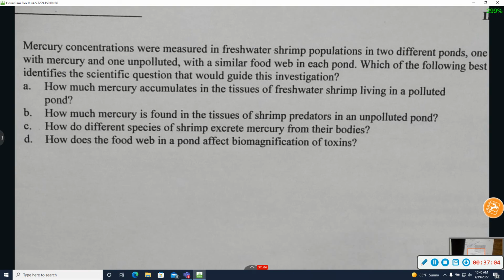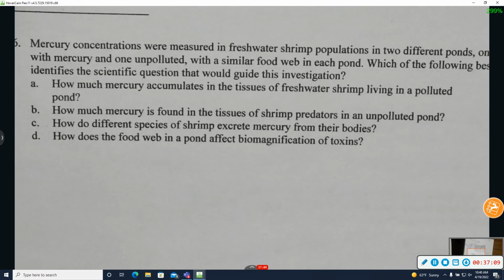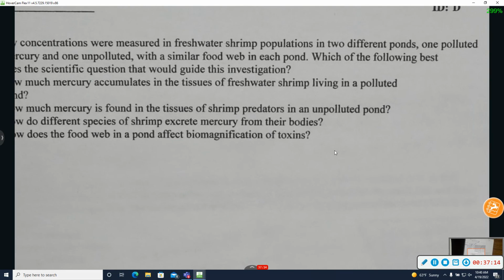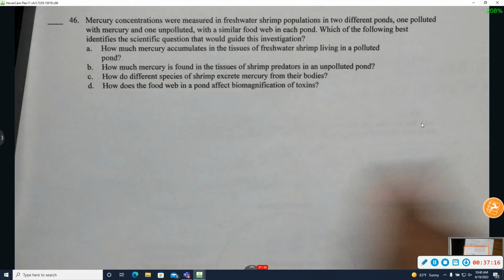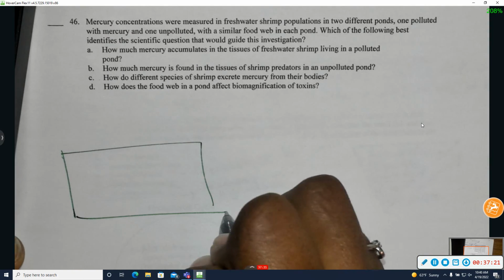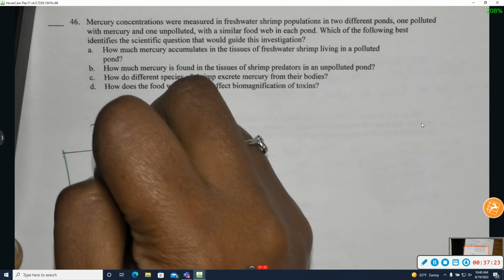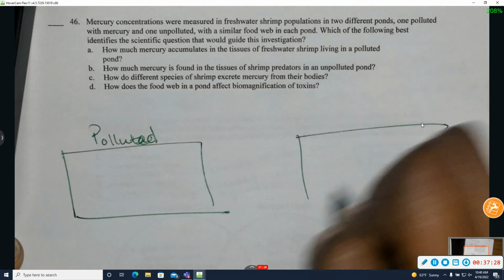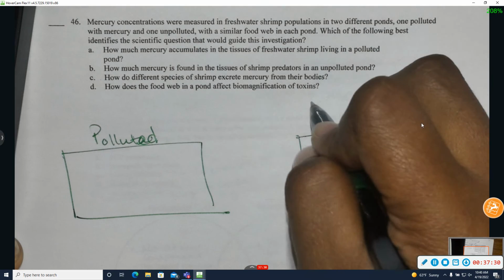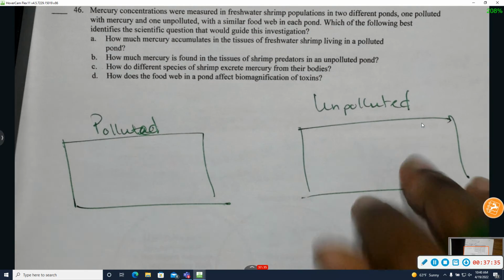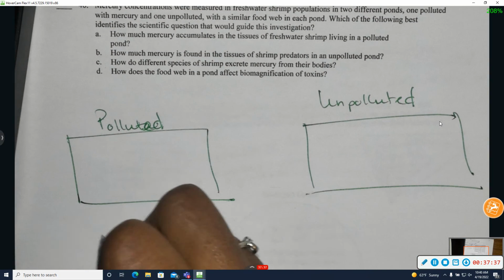Mercury concentrations were measured in freshwater shrimp populations in 2 different ponds. One of those ponds is polluted with mercury and the other one is not. So let's say here's my pond 1. This is the one that's polluted. And here's my pond 2, and this one's unpolluted. This is my experimental group.